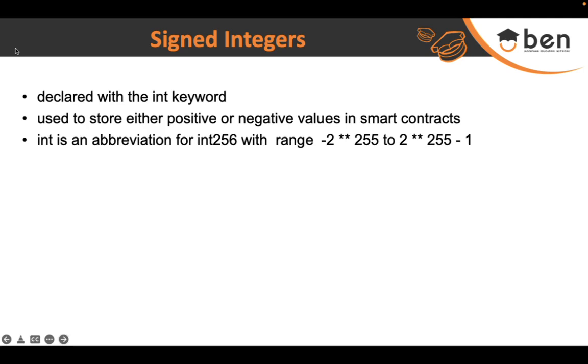So 2 raised to the power 7 is 128. So minus 128 to 128 minus 1, which is 127. That means for the int8 data type, the range available to you is -128 to 127.